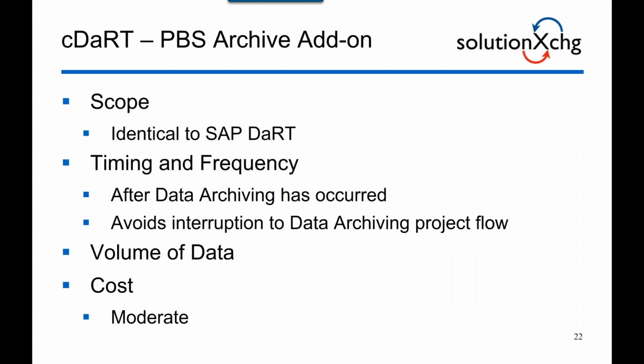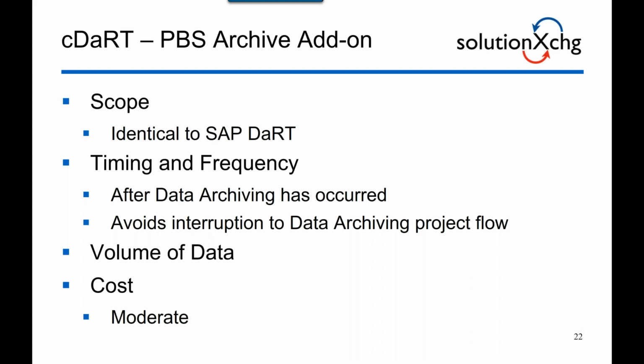Very briefly, the PBS add-on for CDART is intended to bridge that gap that Dart out of the box has, which is the inability to report against archived content. And PBS archive add-ons are primarily used for display transactions to see archive data and bridge functional gaps in that realm.